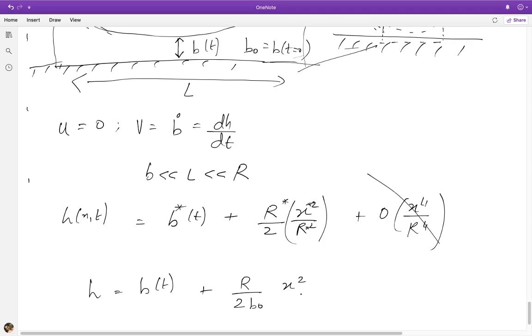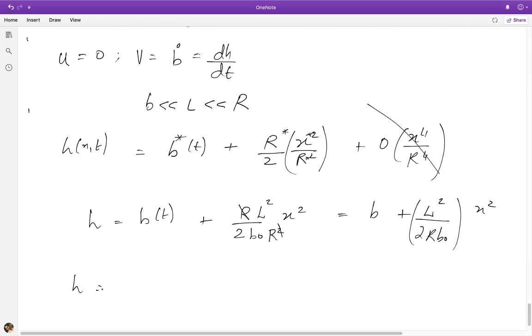I'll have x squared, but I would then have to account for a factor of L squared, and then I had the factor of R squared sitting here, but I can cancel those terms off. So finally what I get is just b plus L squared by 2R b naught times x squared.